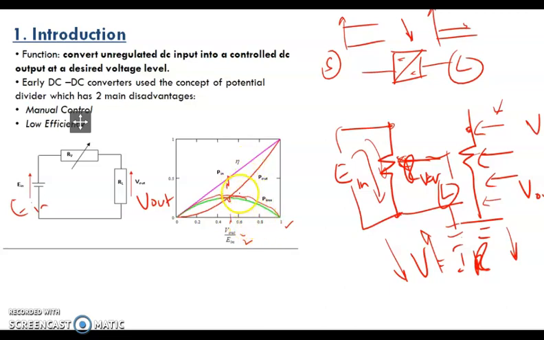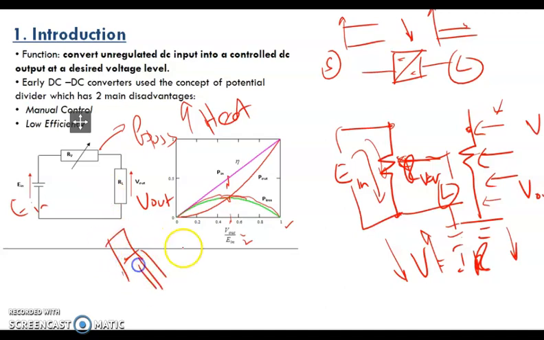These losses are converted into heat. So P losses will become heat, and the heat has to be dissipated by the regulator. That's why when you look at a linear regulator, usually we have a 3-pin regulator, LM whatsoever, with a metal tab.